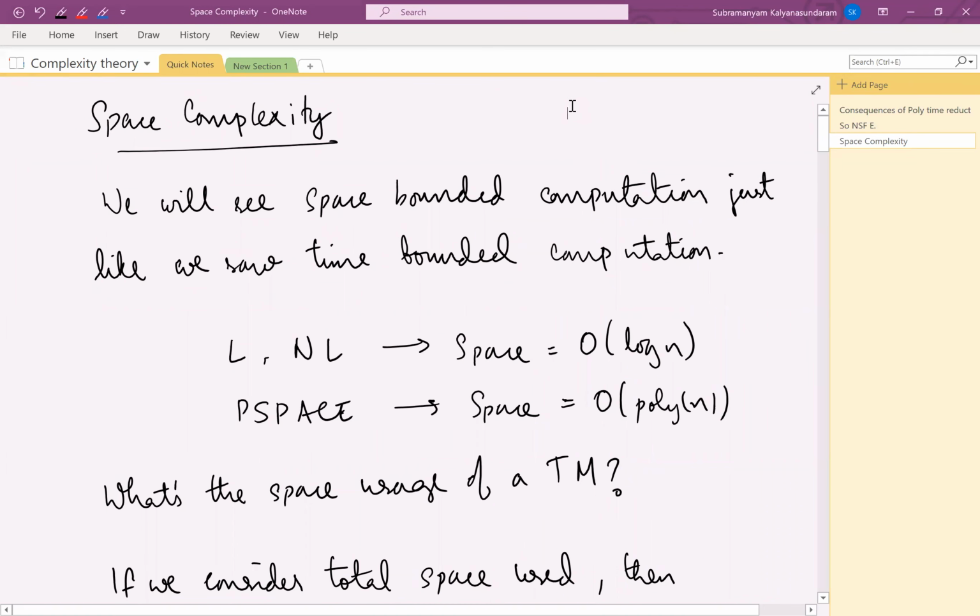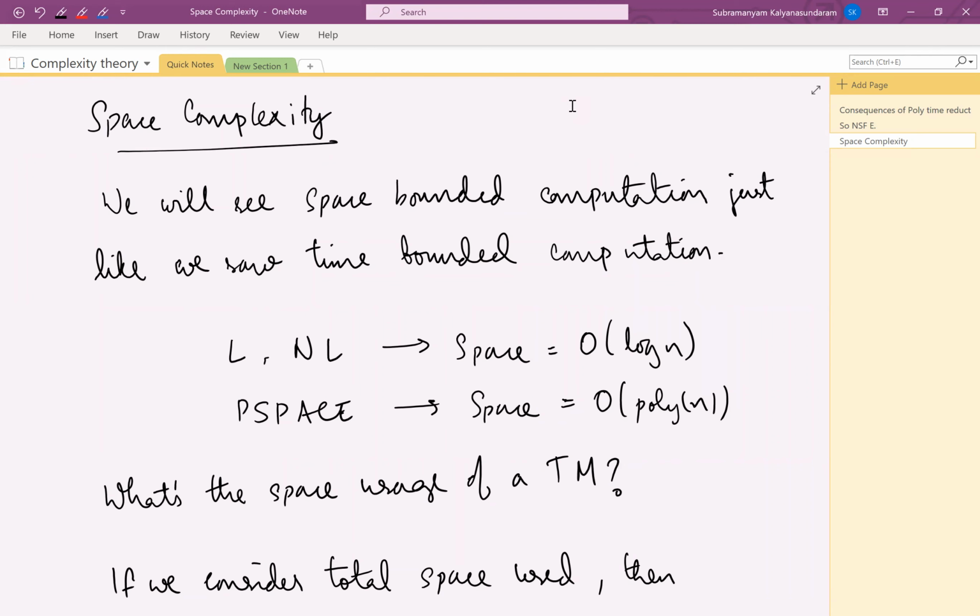Okay, hello everyone. So we will start space complexity. Till now, I think all of you might have seen even a tiny bit of space complexity at least in your undergrad.